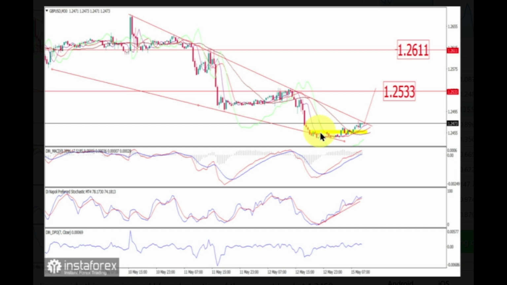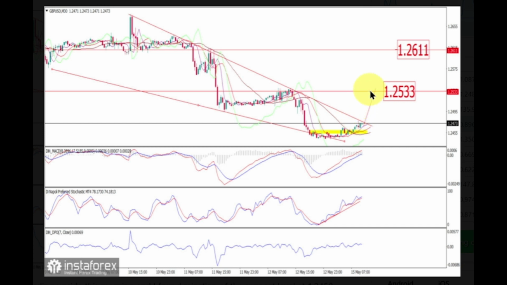Due to the strong upside cycle on the GBP USD and the rejection of the support at 1.2450, Petar sees potential for further growth towards upside references.